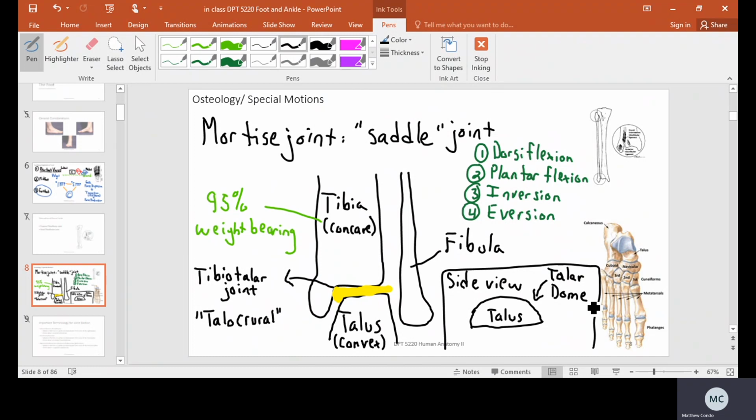Okay? Burn this one into the prefrontal cortex. Knee flexion will create dorsiflexion. Knee extension will create plantar flexion. And that's an important one. That is a super, super important one to remember.